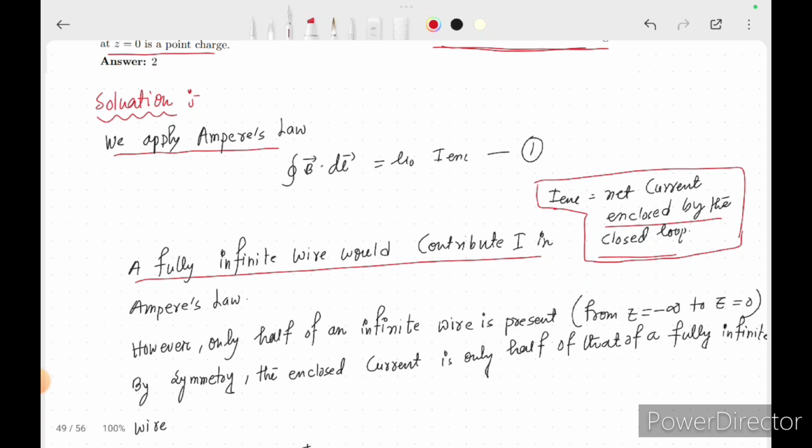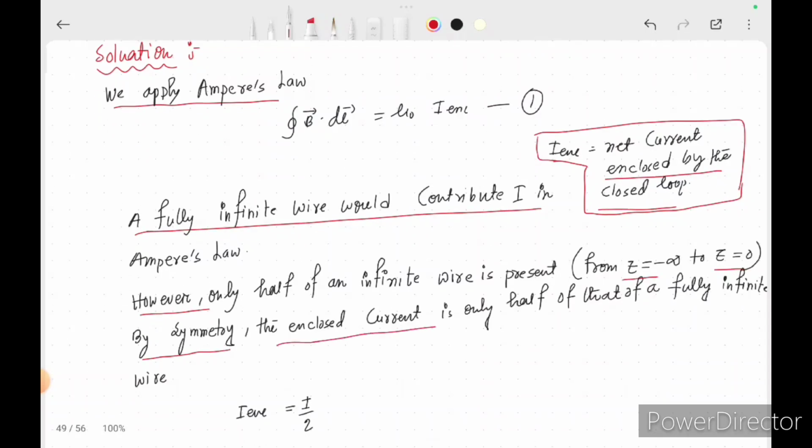However, only half of the infinite wire is present, because the wire extends from minus infinity to z equals 0. So by symmetry, the enclosed current is only half of that of the fully infinite wire.